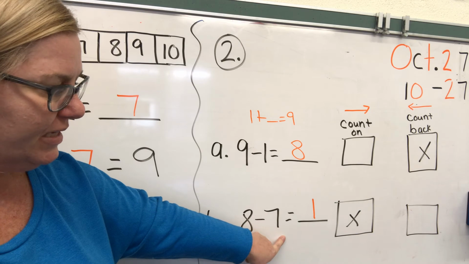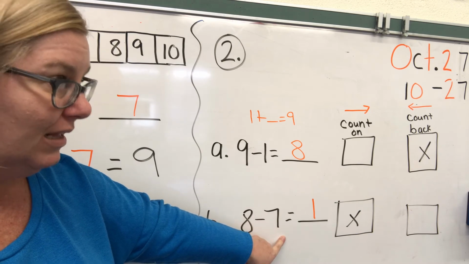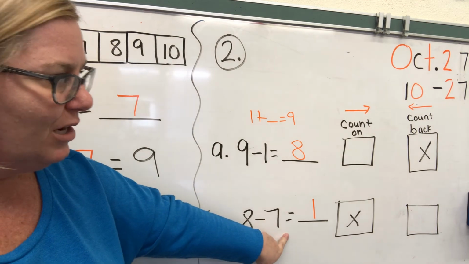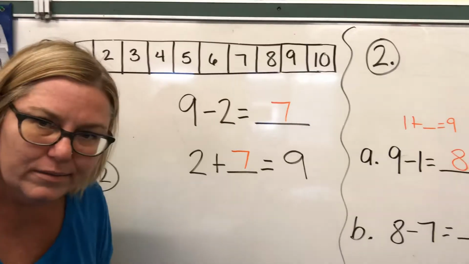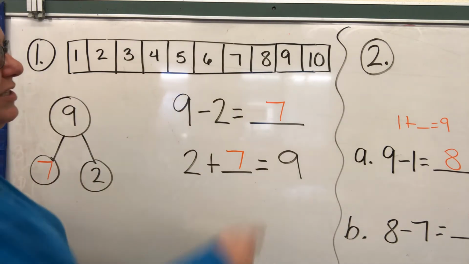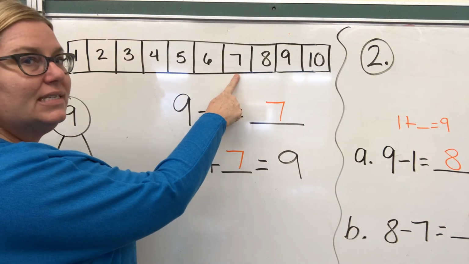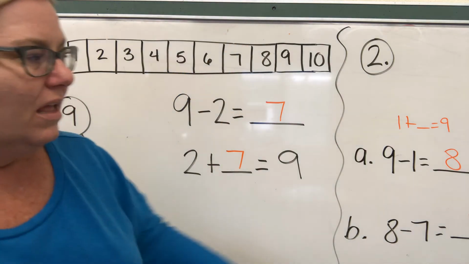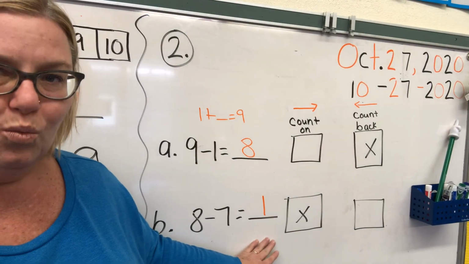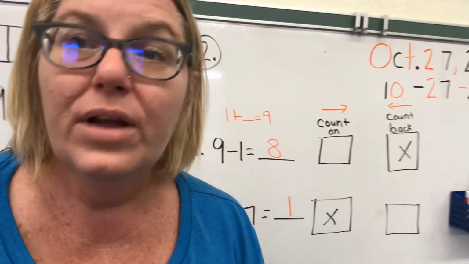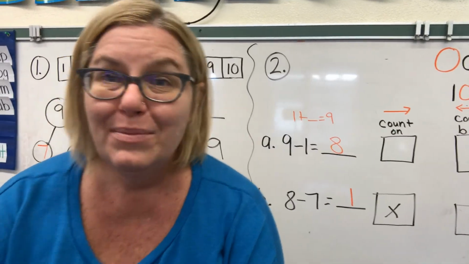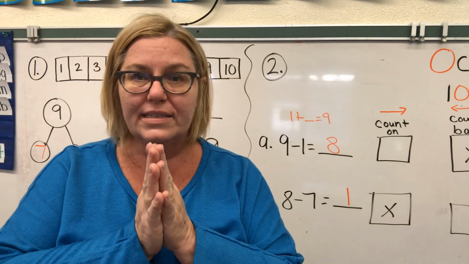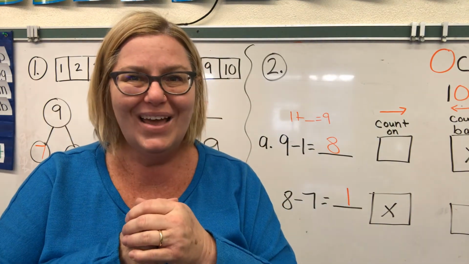I'm going to start with my big number and go to my small number. So I'm going to start at 8, and I'm going to count back to 7. How many bunny hops? 1. What was my answer here? 1. So either way, whether I'm counting on or counting back, I'm going to come up with the same answer. I'm going to find that missing number no matter what. So keep that in mind, okay?